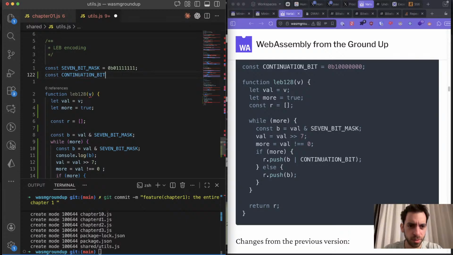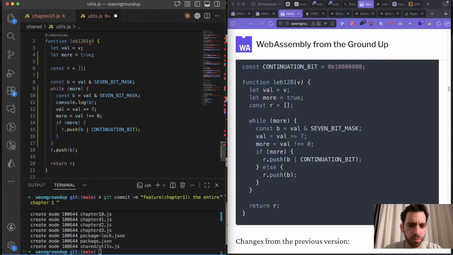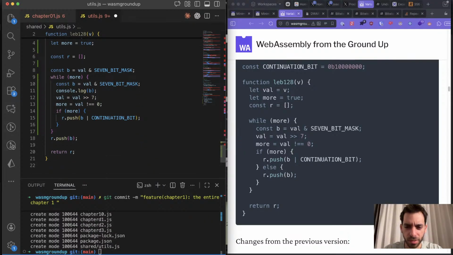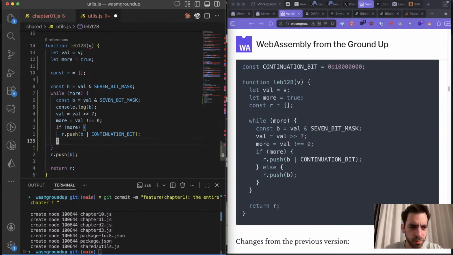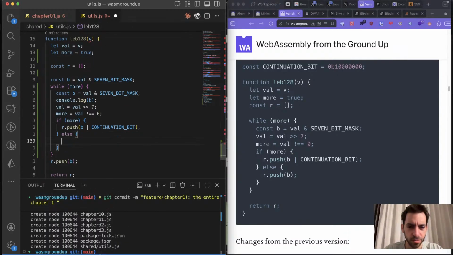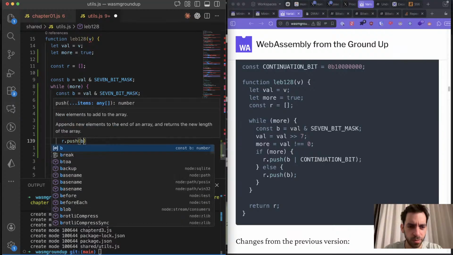Const continuation bit equals 0b1, 1, 2, 3, 4, 5, 6, 7. It's a binary format, and it makes it clear that way. Or else r.push b.